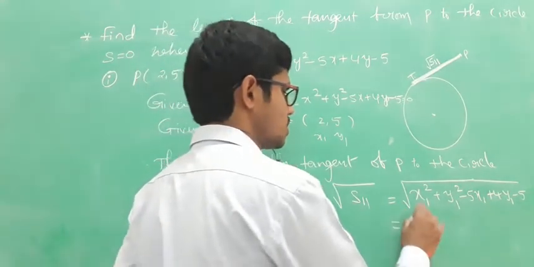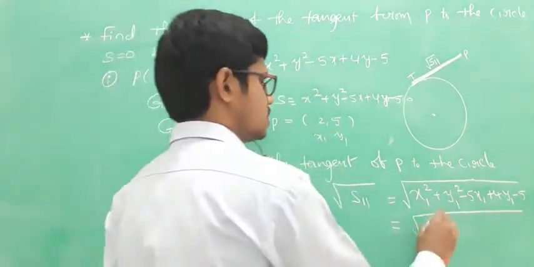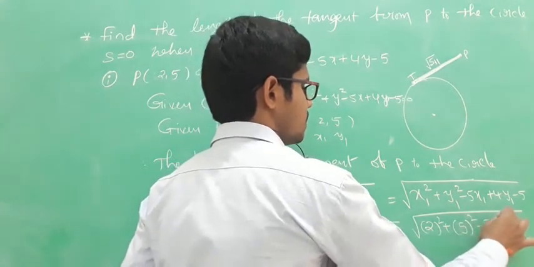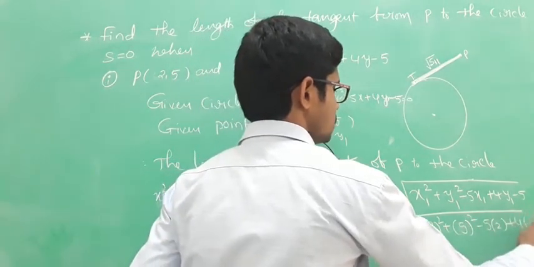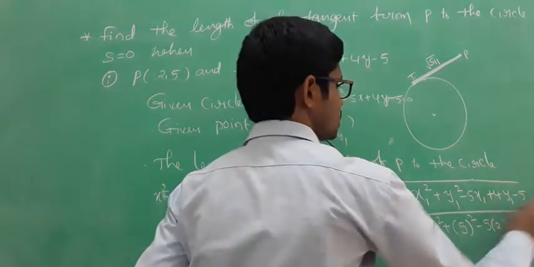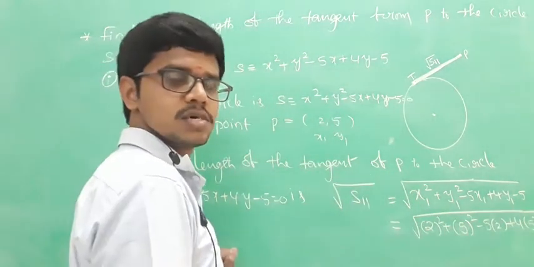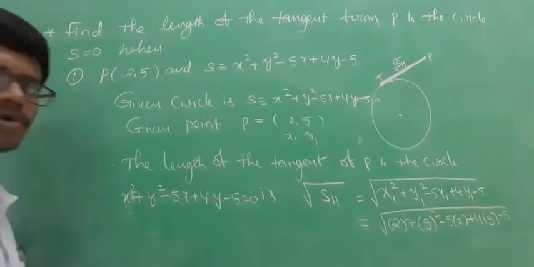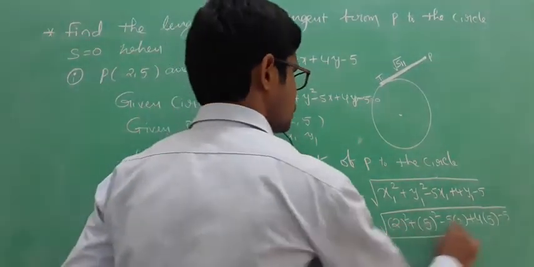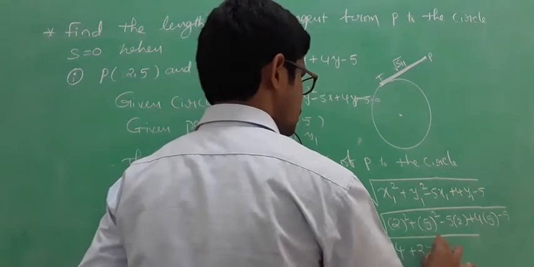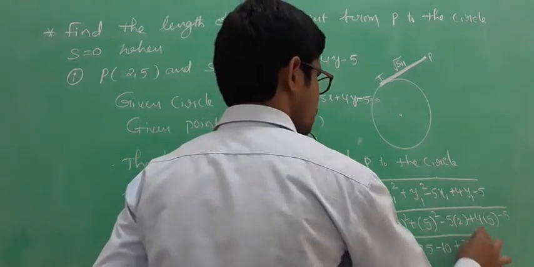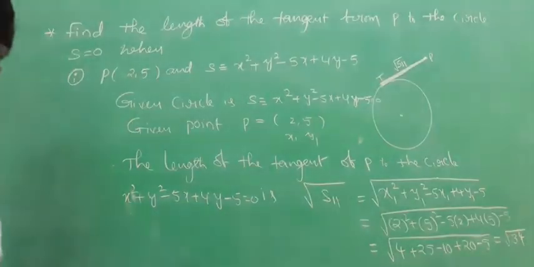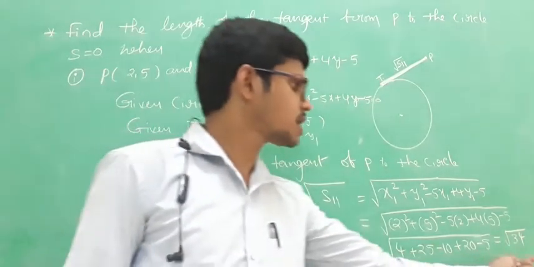Substituting, 2 square plus 5 square minus 5 into 2 minus 4 into 5 minus 5. That equals the square root of 4 plus 25 minus 10 minus 20 minus 5. Okay, the length of the tangent is root 34.